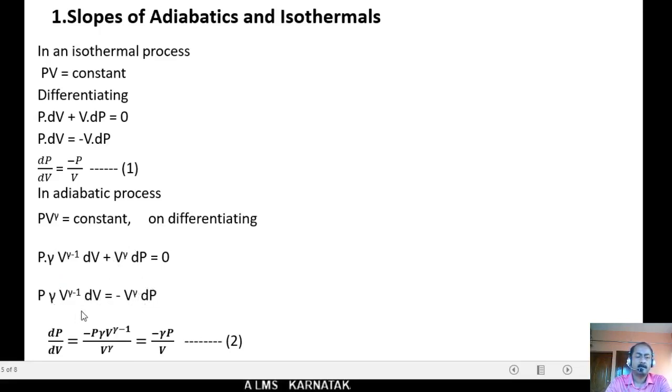On further rearranging, dP divided by dV is equal to minus P into gamma into V to the power gamma minus 1, divided by V to the power gamma. On further simplification, V to the power gamma minus 1 divided by V to the power gamma gives 1 by V, so this is equal to minus gamma into P divided by V. Let it be equation 2.